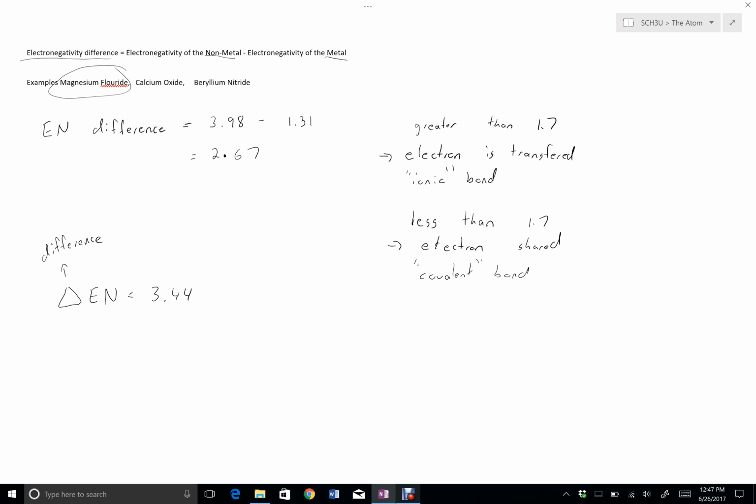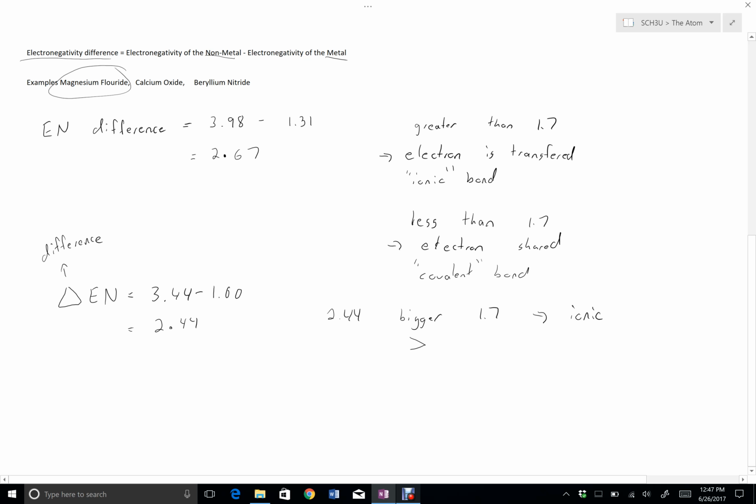And calcium is 1.00. That's an easy one. So my electronegativity difference here is 2.44. 2.44 is bigger than 1.7, so we say that this bond is ionic.